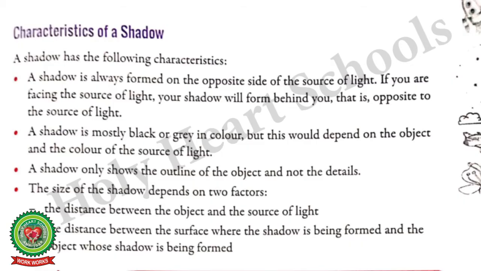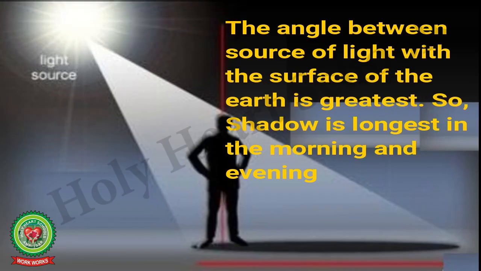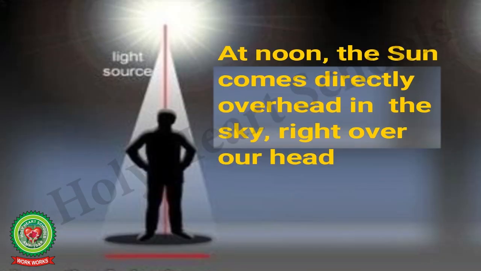Moreover, source of light, that is sun, is far away from the earth in the morning and evening. The angle between source of light with the surface of the earth is greatest. So, shadow is longest in the morning and evening. Whereas at noon, the sun comes directly overhead in the sky right over our head.